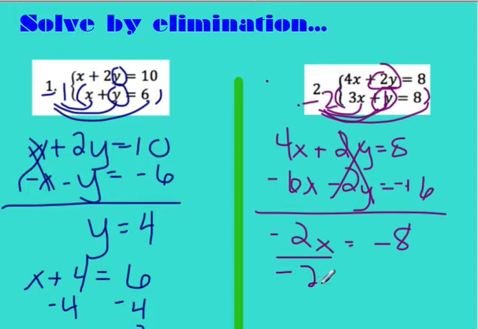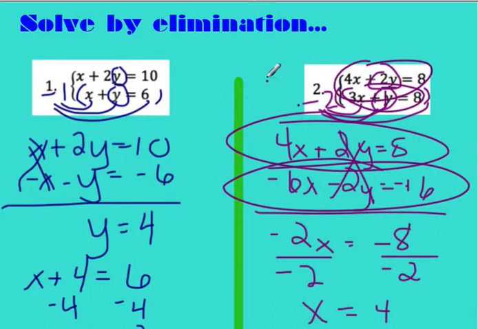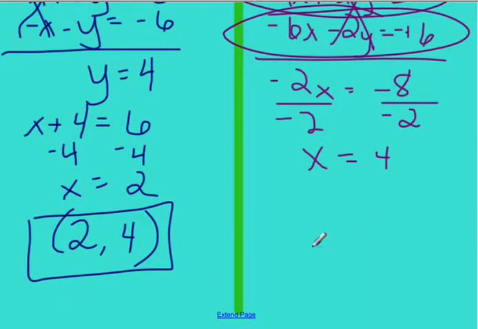Then I'm going to divide both sides by a -2. When I do that, I end up getting a positive 4 because I divided out two negatives. Now we can plug in our x, into this new version, or this one. It actually doesn't matter which equation you plug it back into. I'm just going to plug it into the original bottom one.